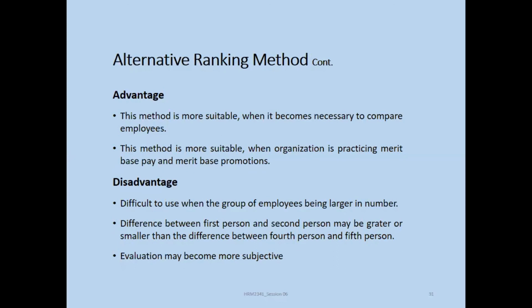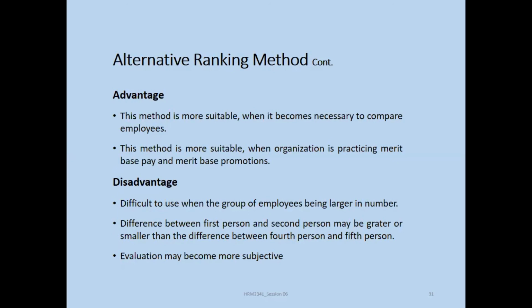These are the advantages and disadvantages of the alternative ranking method. This method is more suitable when it becomes necessary to compare employees, because we always compare employees in ranking methods. The alternative ranking method is also the same.